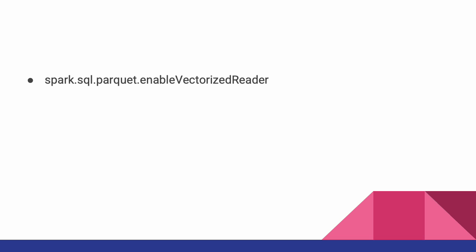So there are a few configurations which you can tune. First of all, you can enable the vectorized reader. By the way, it is enabled by default. And then you can choose what should be the size of the batch, which means how many column values you would like to read in a batch. By default, it is 4096, but you can increase or decrease that. Remember, it will have its memory footprint as well.